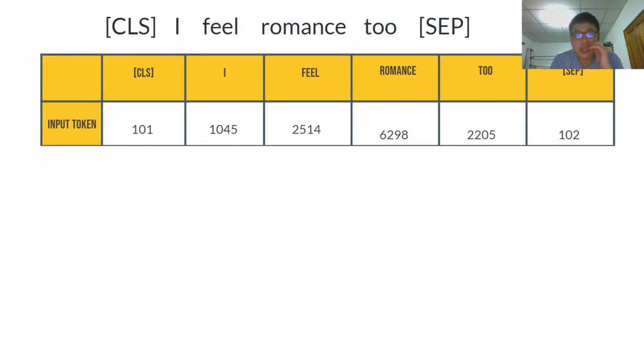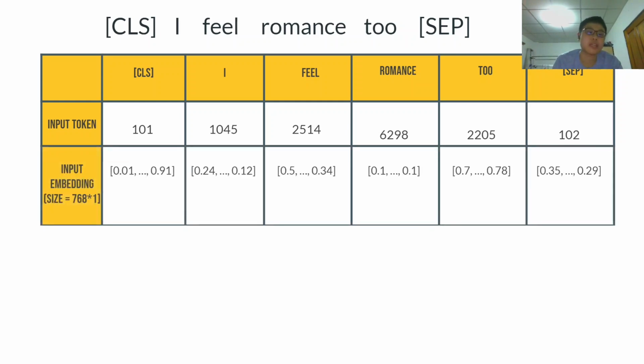And once we got the input tokens, now we want to do some kind of input embedding. We will transform it into the form of a vector, which also uses the input token as key and the input embedding as value. Note that the size of the input embedding for our BERT model here is 768, which is very large.